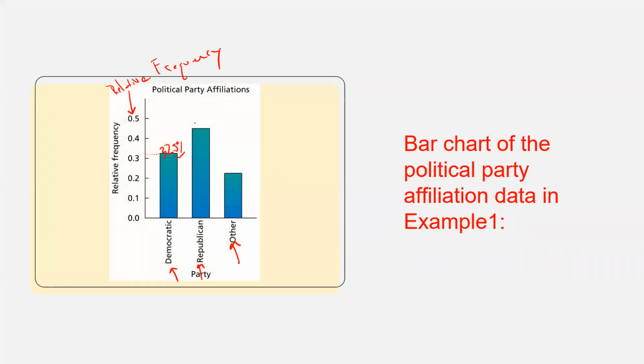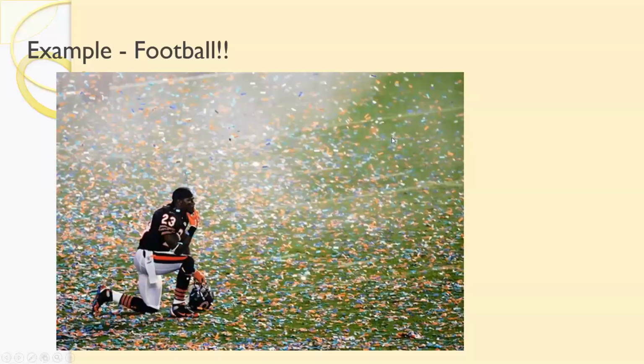And you can see up to the top here, that's where this bar chart goes. And 22.5% said they were other. And that goes right there as well. Straightforward to make these? Yeah, I think it's very easy.